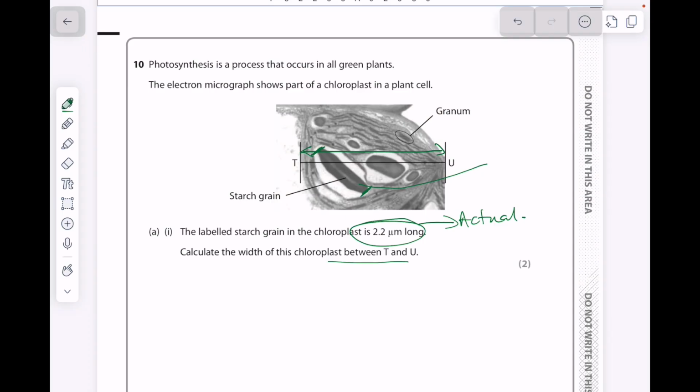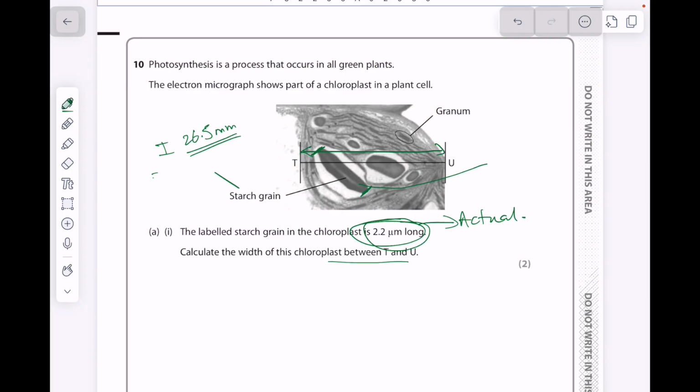So if I'm looking at that, that is 26.5 millimeters. So the image of the starch grain is 26.5 millimeters. Okay, its actual is 2.2 micrometers long. Image divided by actual.